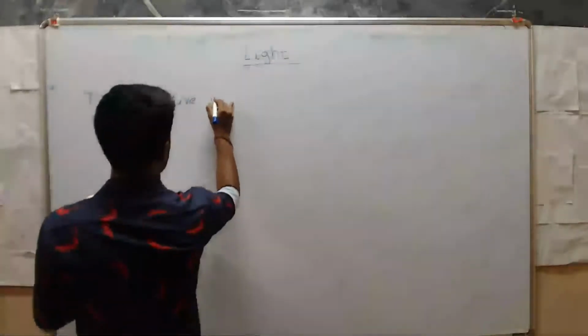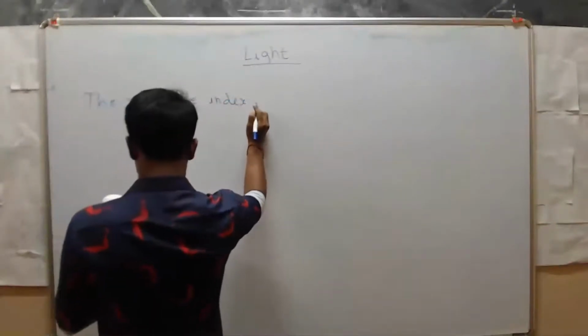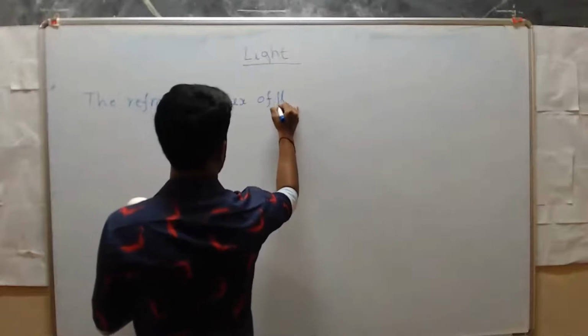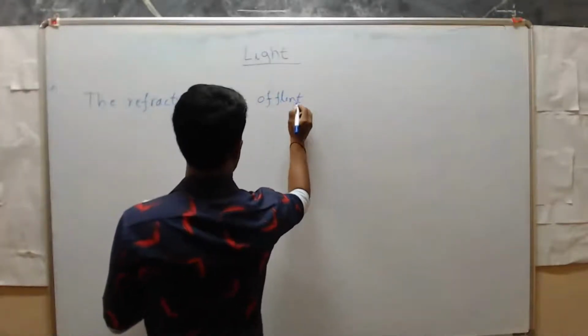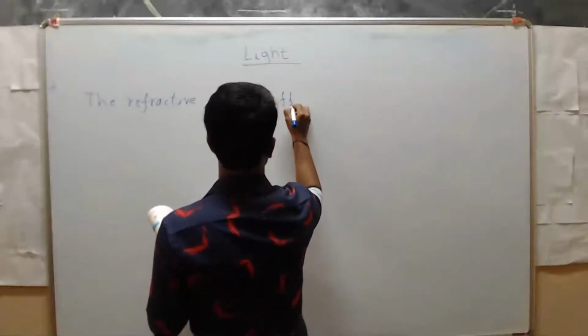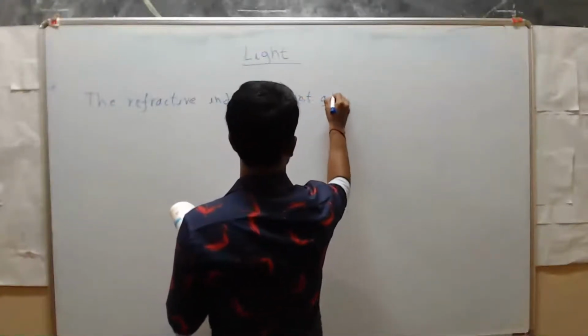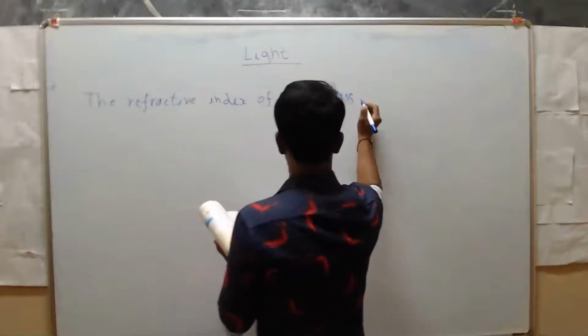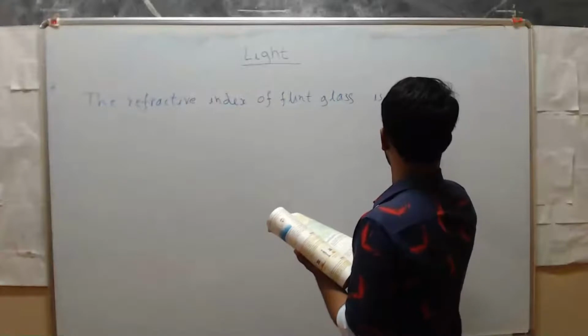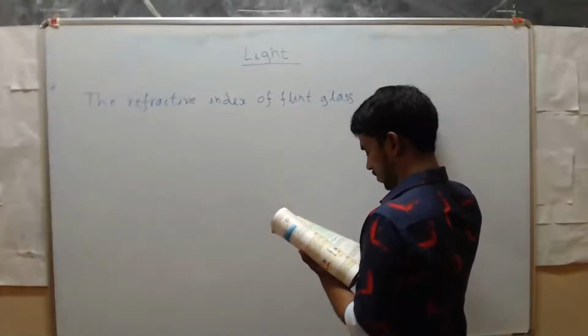The refractive index of flint glass is 1.65.